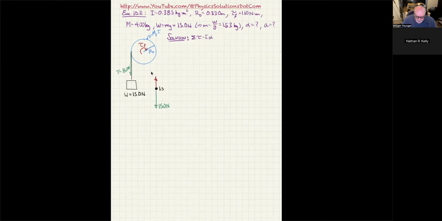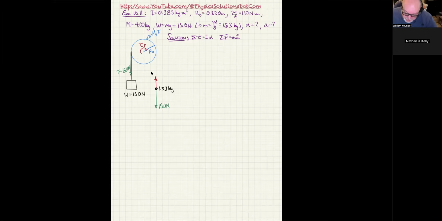Putting a coordinate system attached to the space and sitting over top of this pulley is not going to make a non-inertial reference frame, so we don't have to worry about it having to be through the center of mass, even though in this case we are actually doing it through the center of mass for the pulley anyway. We're also going to need the summation of forces equals mass times acceleration, Newton's second law, and the mass is 1.53 kilograms.